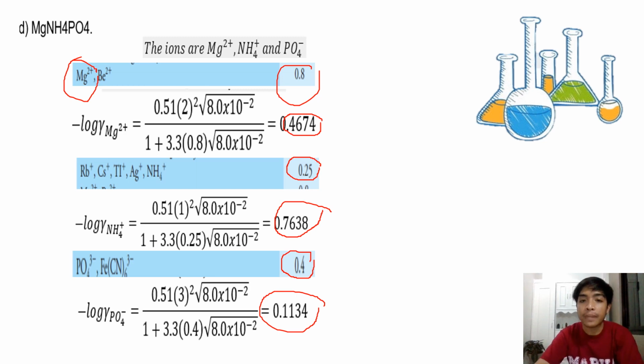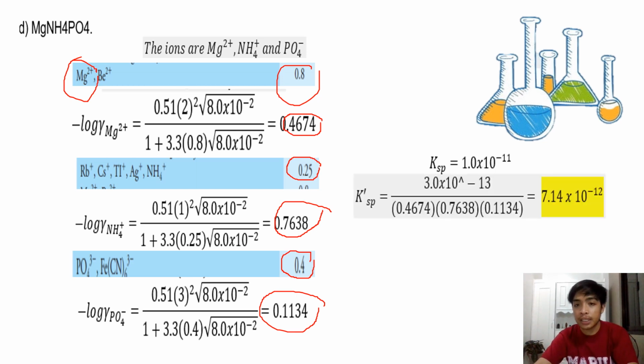So to solve the KSP prime, or the concentration solubility product constant, we will be using the KSP. There is a correction in this. The KSP for the magnesium ammonium phosphate is 3.0 times 10 to the negative 13 rather than 1.0 times 10 to the negative 11.